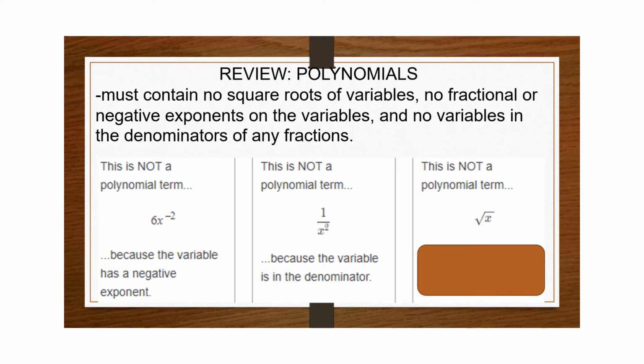And the third example, the square root of x. This is also not a polynomial term. Why? Yeah, very good, because the variable is inside the radical sign or inside the square root symbol.